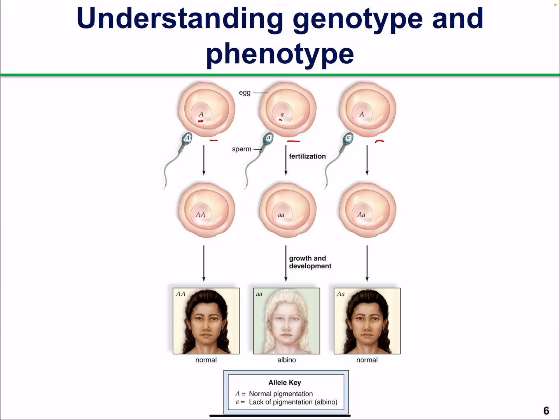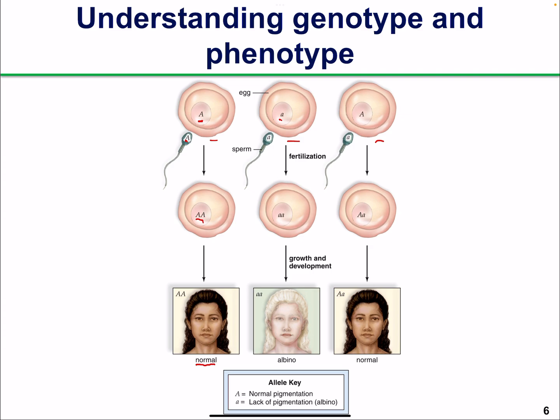So if a dominant allele egg receives a sperm cell that carries a dominant allele as well, this is going to produce an individual who is homozygous dominant, right? That individual who is homozygous dominant is going to have a normal pigmentation.